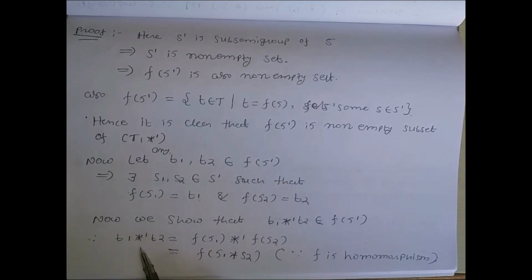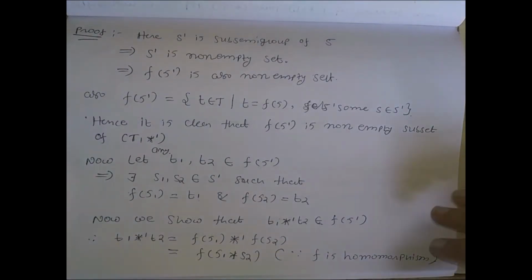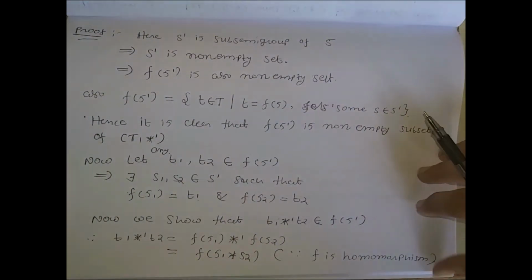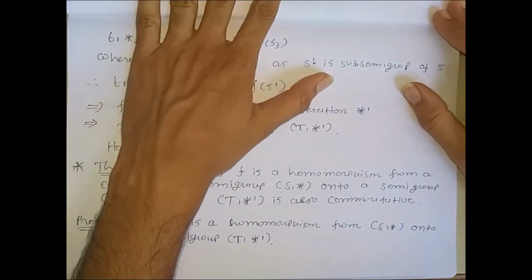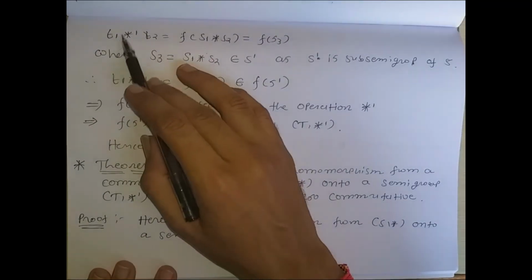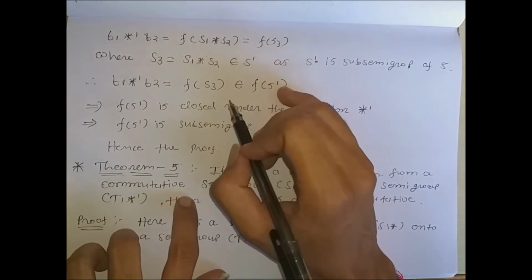So T1 star dash T2 is equal to f of S1 star dash f of S2. Now f is a homomorphism, so it can be written as f of S1 star S2. So T1 star dash T2 is equal to f of S1 star S2.